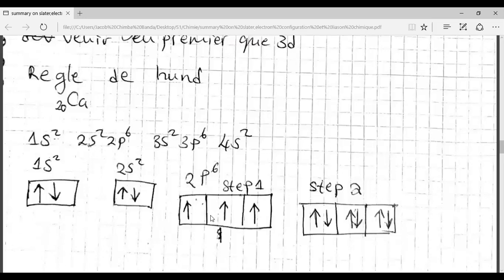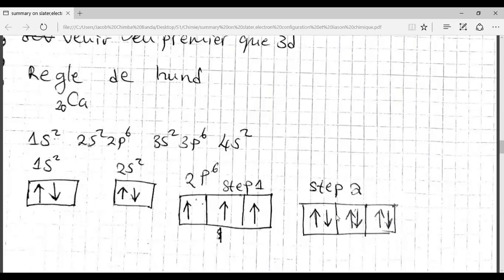First fill them in singly, then find their appropriate partners. These are the partners coming in now. Now they are full. You place them as single electrons first, then you find their partners, and they are full.